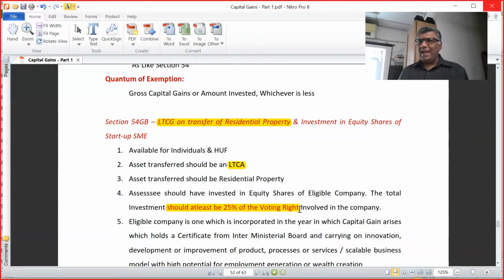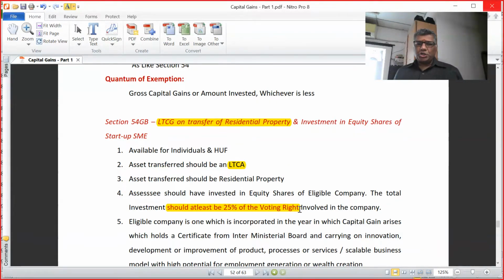I think with 31,322 it stops. Paniappan, who is writing in November, will be the last person to write this examination, provided the finance minister doesn't extend the date again. So, 25% voting right in that company.